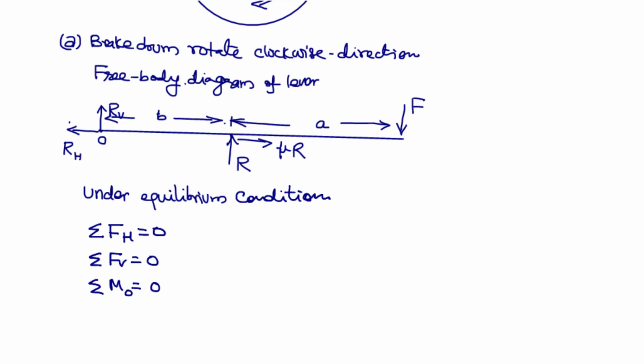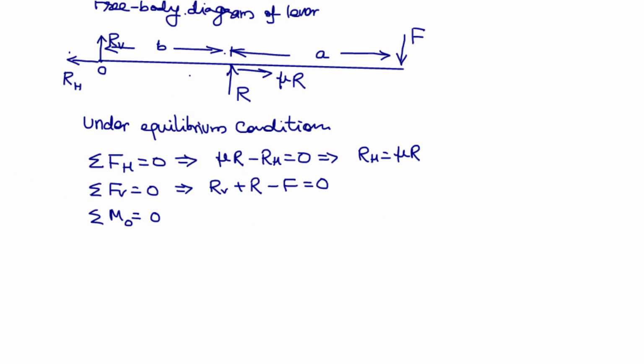Horizontally, mu R minus RH equals 0, so RH equals mu R, the horizontal component of reaction at O. For the vertical component, RV plus R minus F equals 0.